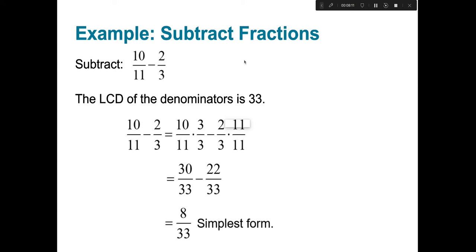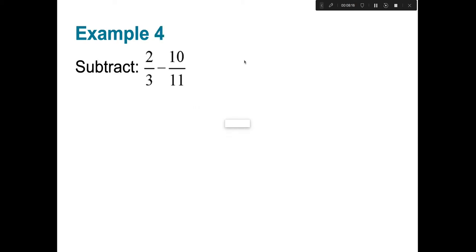So is 8/33rds in lowest terms? Absolutely it is. Here's our next one. What's our common denominator going to be? 33. Looks kind of familiar, doesn't it? What am I multiplying my first fraction by if my common denominator needs to be 33? 11. So my top number is 22.